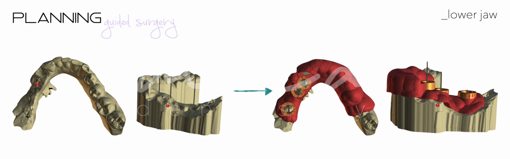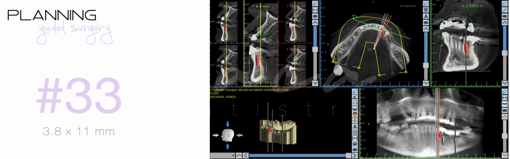In the lower jaw, the process was the same, since we also plan to do guided surgery to place implants on the third quadrant. So the same as I told you before, we start with the original STL, then we virtually extract the teeth, and finally we proceed first with the placement of implants virtually, and then the designing of the guide that we are able to print and have our physical guide for the surgery.